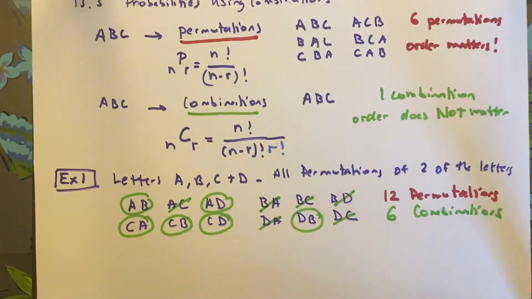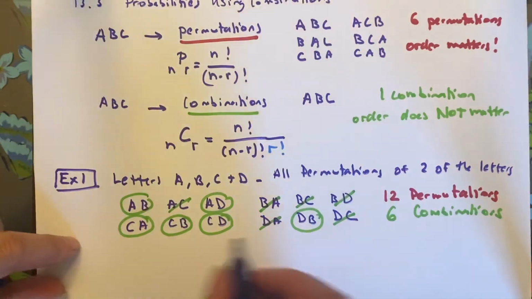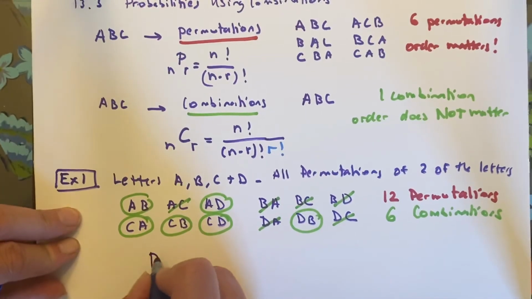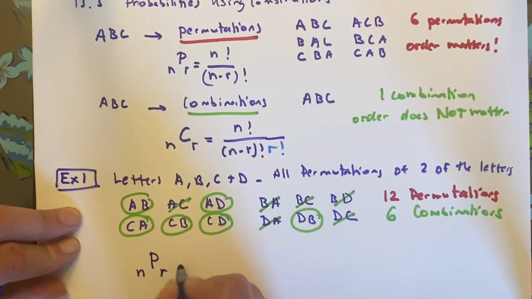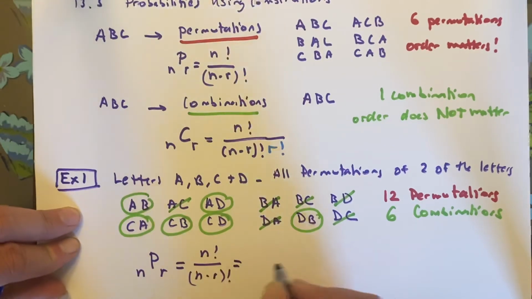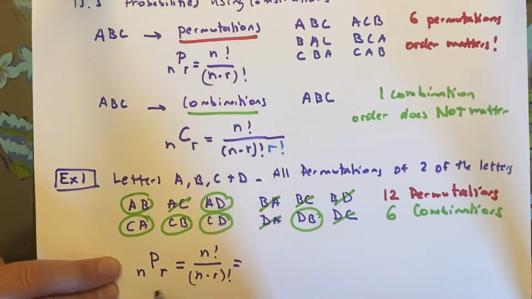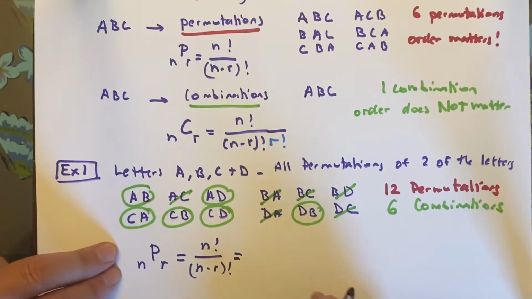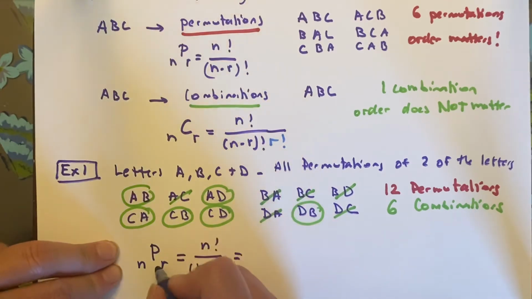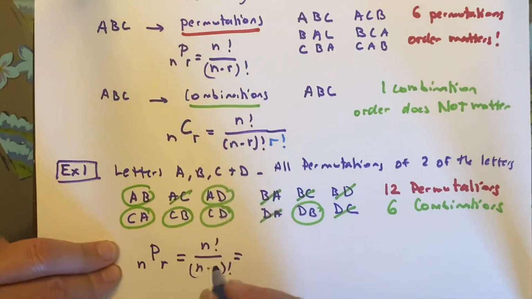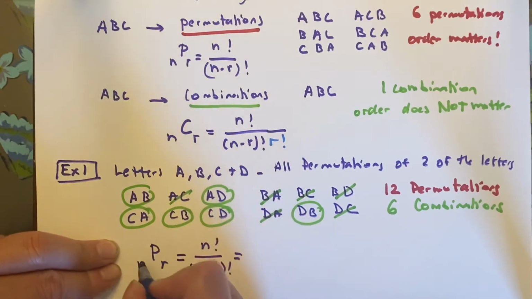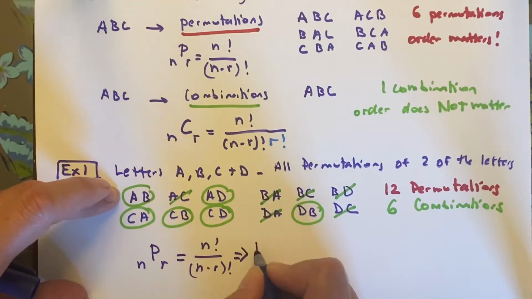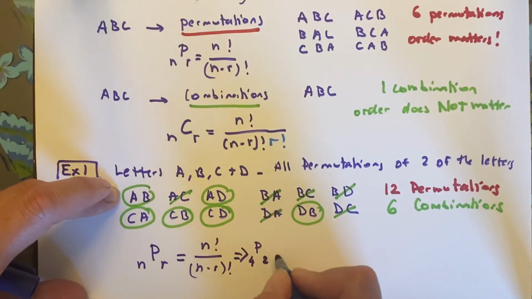Now if I've done this right, my equations will reflect it and show why. So if I'm doing my permutation equation, I should end up with 12. Permutations of n r equals n factorial over n minus r factorial. I have 4 objects, and I'm taking 2 at a time.